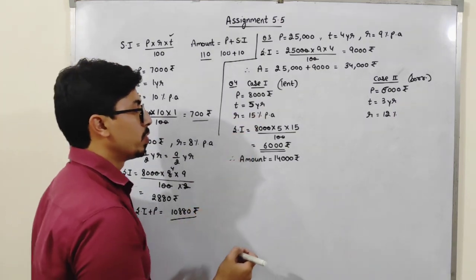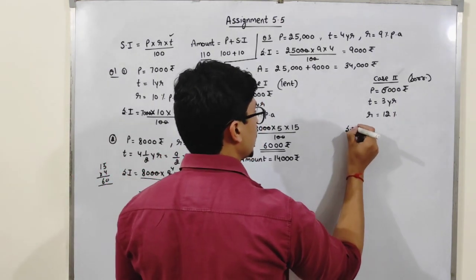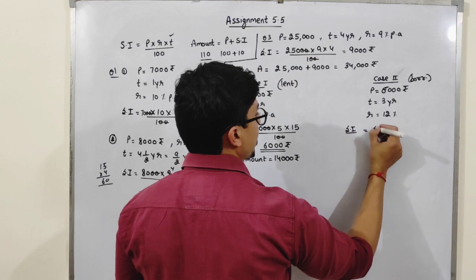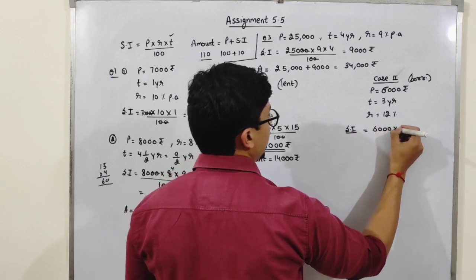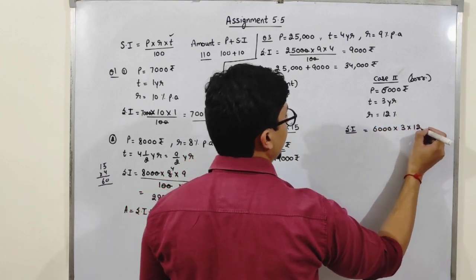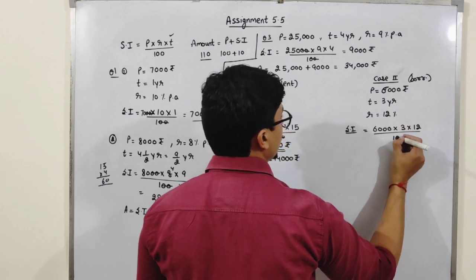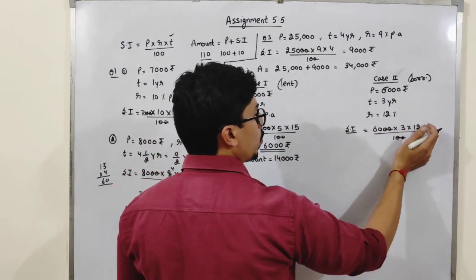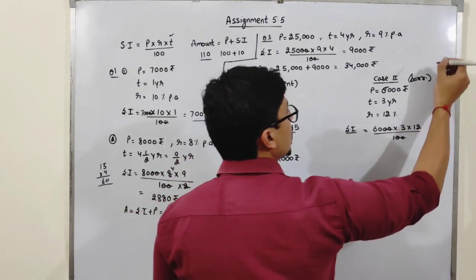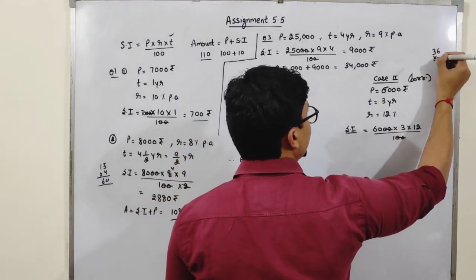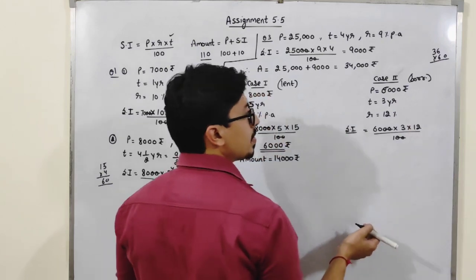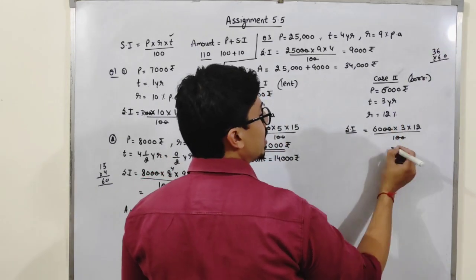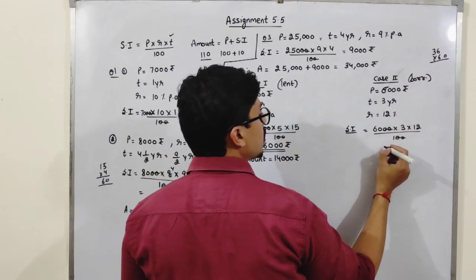Now here, students, if I find out the simple interest, 6 into 3 into 12 divided by 100. 12 3s are 36. So 36 into 60. 6 6s are 36.